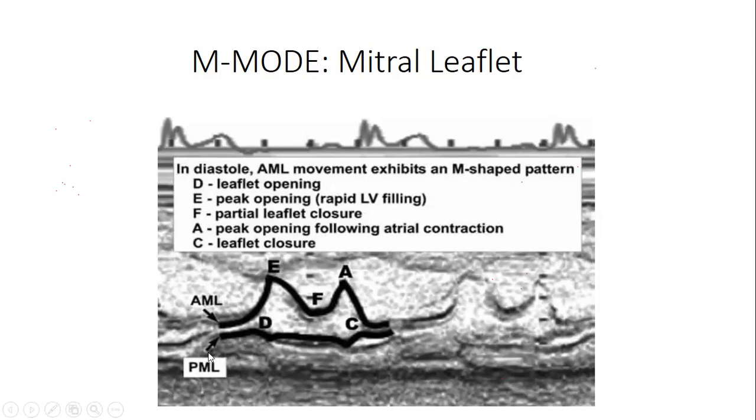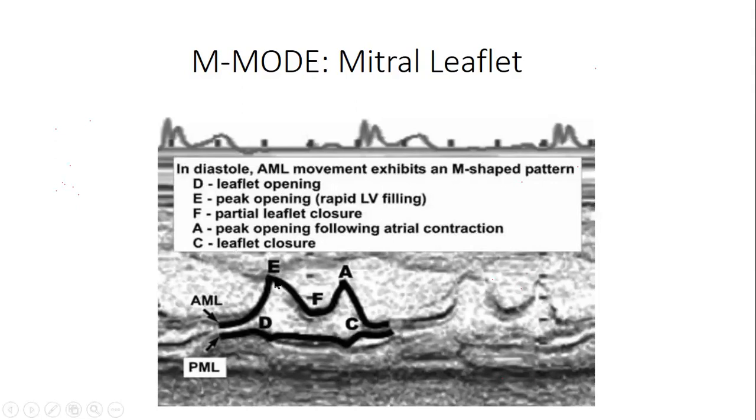The PML, the posterior mitral leaflet. This is the one. So this is how it comes in diastole and then it closes. So they have given you these abbreviations. D, leaflet opening. The leaflet is opening just here.